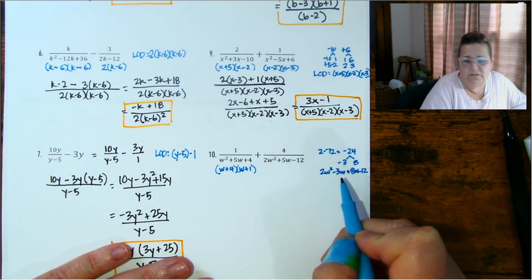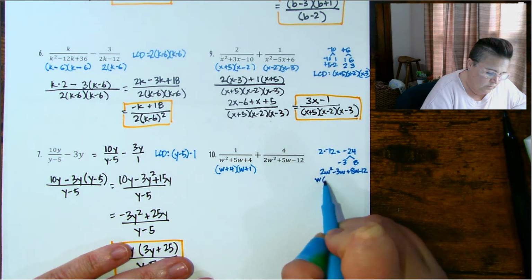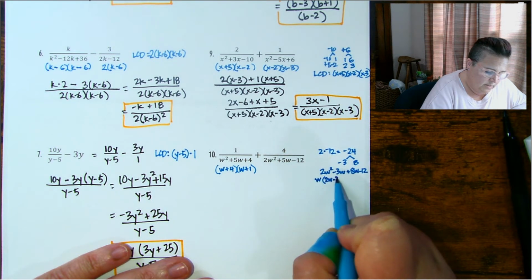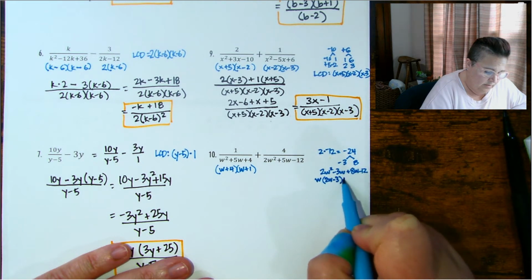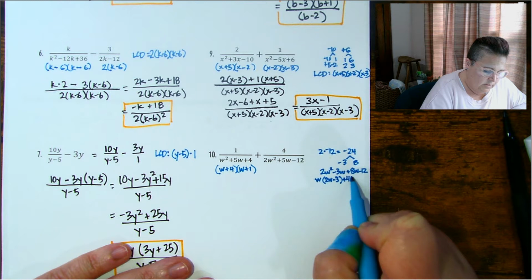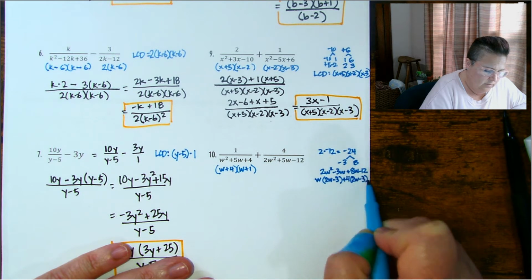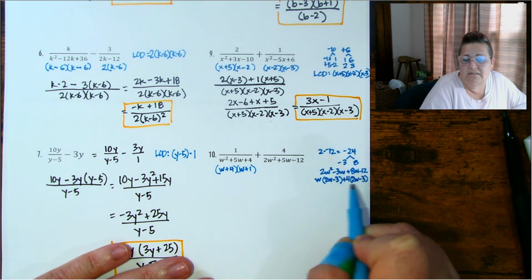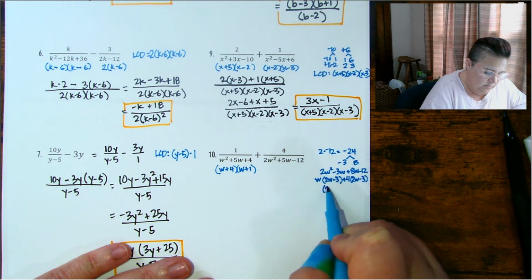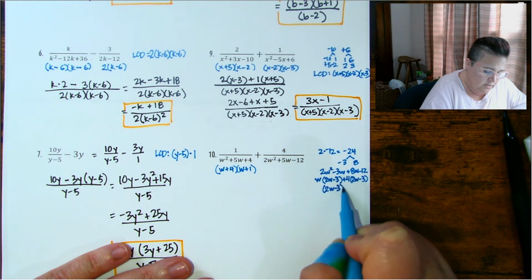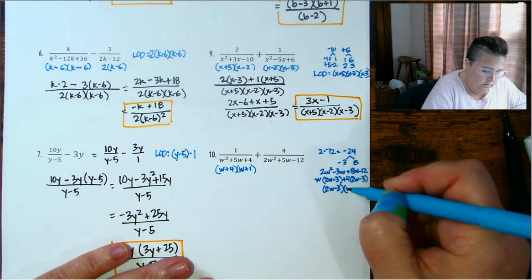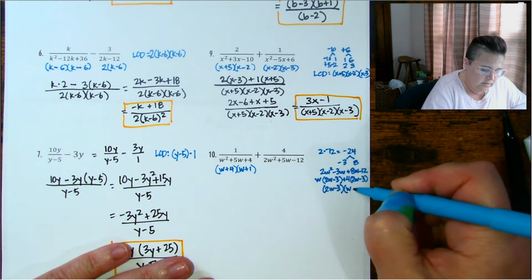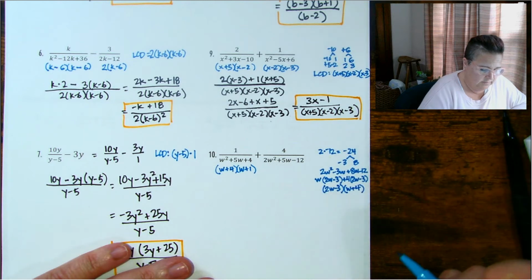And from the first two, I'm going to pull out a w, leaving me 2w minus 3. And from the second pair, I'm going to pull out a 4, leaving me 2w minus 3. In both of these now, I have the exact same 2w minus 3. So I'll pull that out front, leaving me a w in the first and a plus 4 in the second.